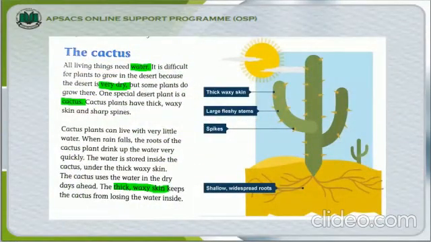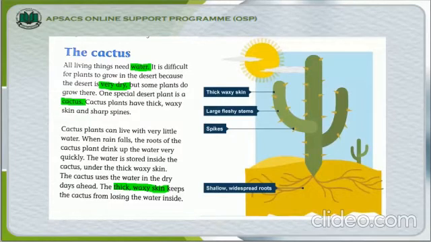Okay students, we have already read this passage. Let's talk about it. As we all know, all living things need water to survive. But it is very difficult for living beings to survive in the desert because of its hot and dry climate. However, a few of the plants that we discussed earlier are adapted to the desert environment.